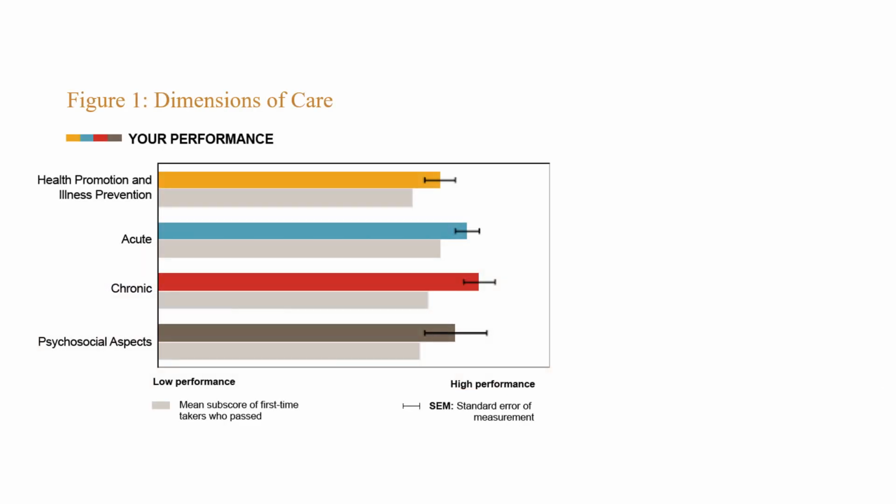Here you can see new subscores that correspond with the new blueprint. It's important to keep in mind that subscores are based on less data than total scores and thus have less precision. Therefore, from a measurement perspective, it is always better to consider the total score rather than subscores. Subscores are intended to help candidates gauge their relative strengths and weaknesses.